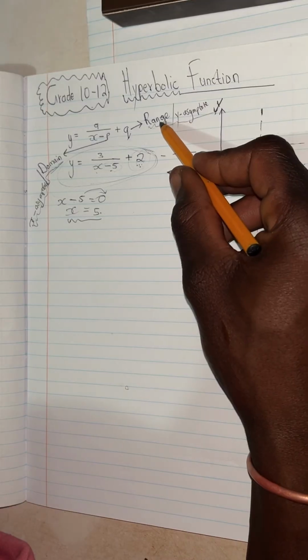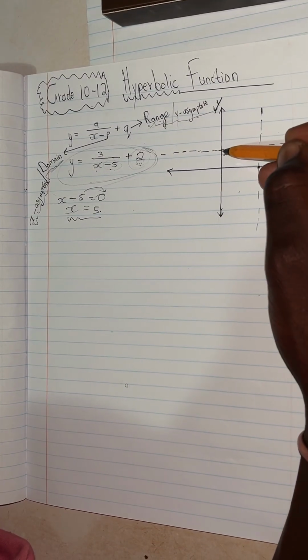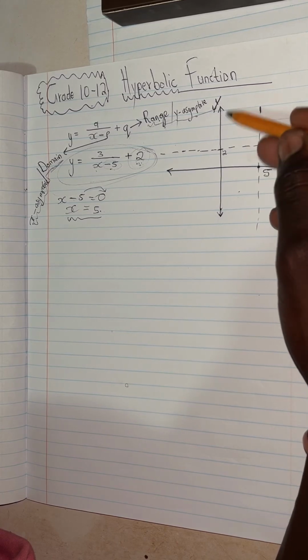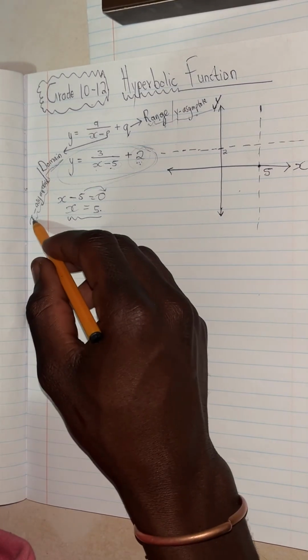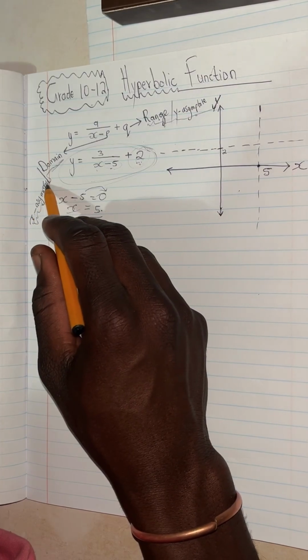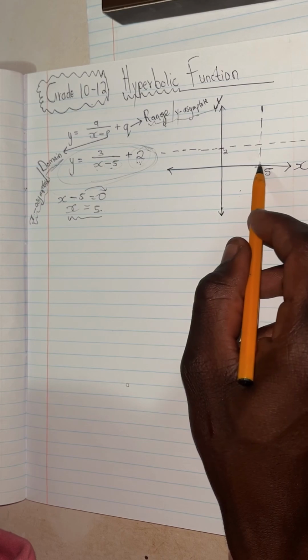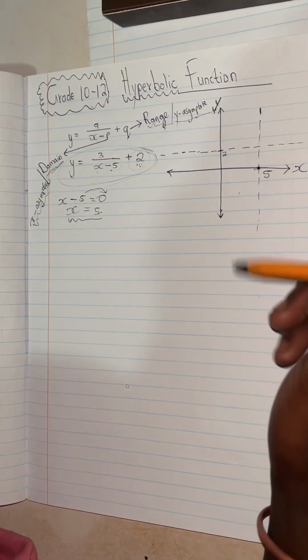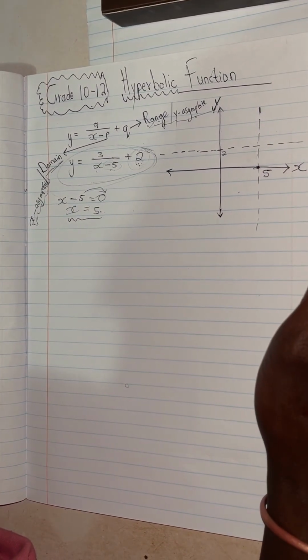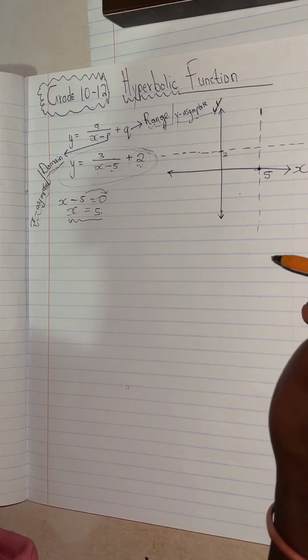Once they're talking about the range, they're talking about the y asymptote, a point on the y axis. Once they're talking about the domain, they're talking about the x asymptote, where the graph cuts the x axis. I hope you understand. So somebody can ask, how can we redraw this graph?